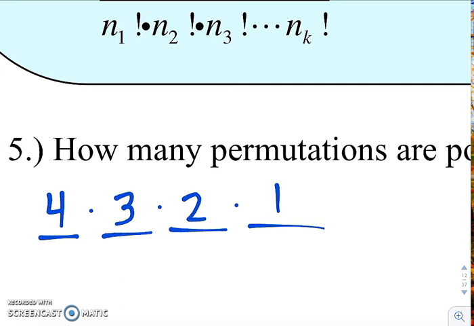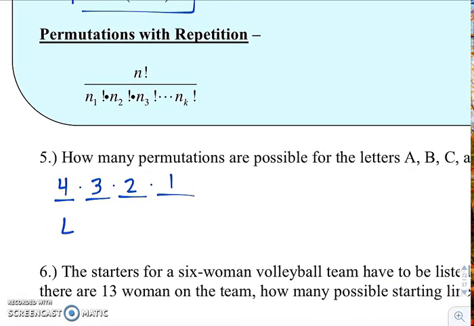So you could write it out like that, or you could say 4 factorial. It's the same thing, correct?